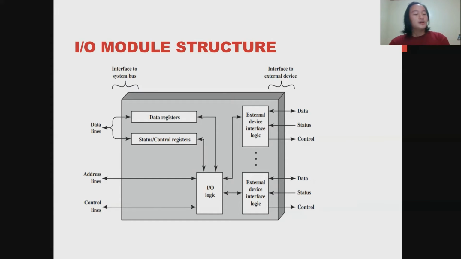The logic within the module interacts with the processor via a set of control lines. The logic within the processor uses the control lines to issue commands to the input-output module. Some of the control lines may be used by the input-output module for status signals.